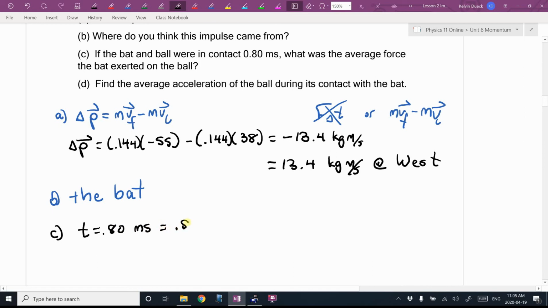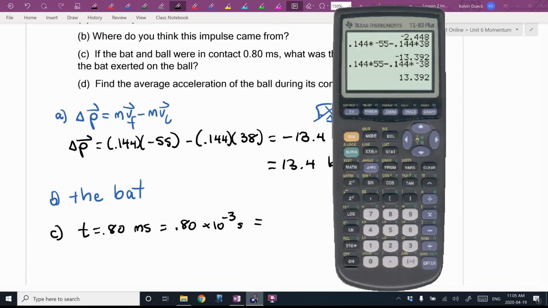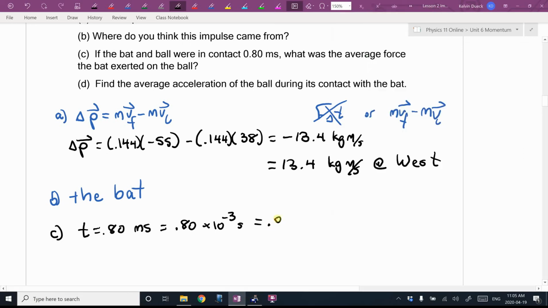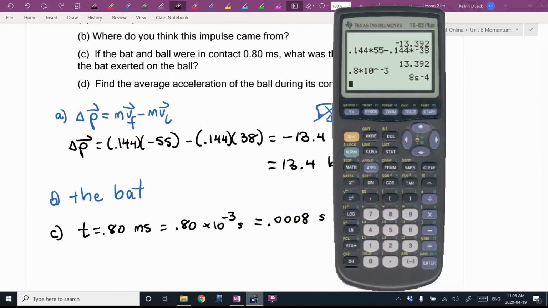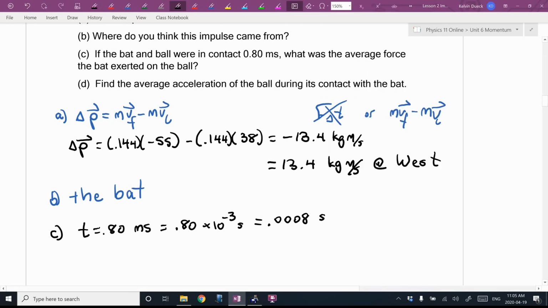That's 0.80 times 10 to the negative 3 seconds. I think that's what milli is. So that's going to be 0.0008 seconds, or as my calculator said, 8 times 10 to the negative 4 seconds. So there's my time value.